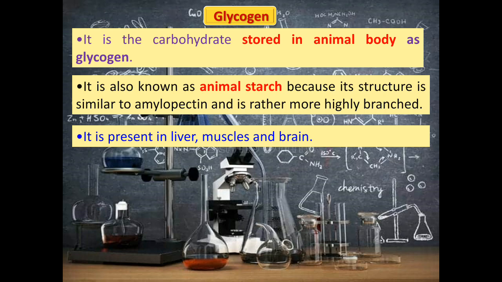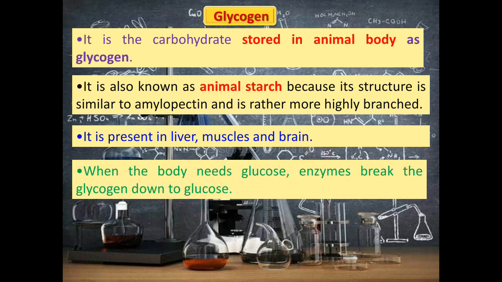It is present in liver, muscles and brain of an animal body. Whenever our body, human body or animal body, needs glucose, the enzyme breaks the glycogen down to glucose. That means in our body, the glucose is converted into glycogen, and this glycogen is stored in liver, muscles, brain. Again, whenever the body needs glucose, that glycogen is converted into glucose.